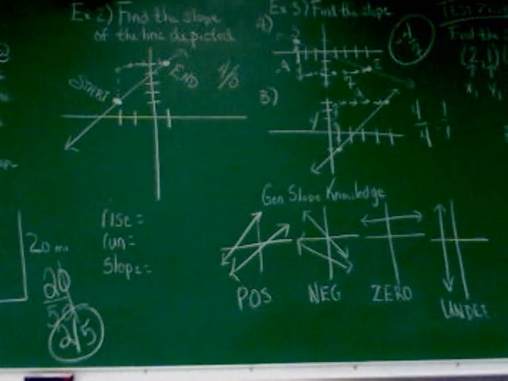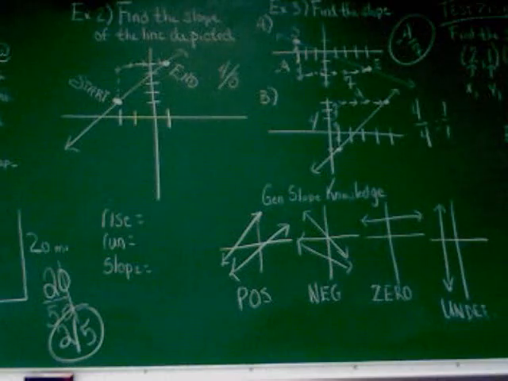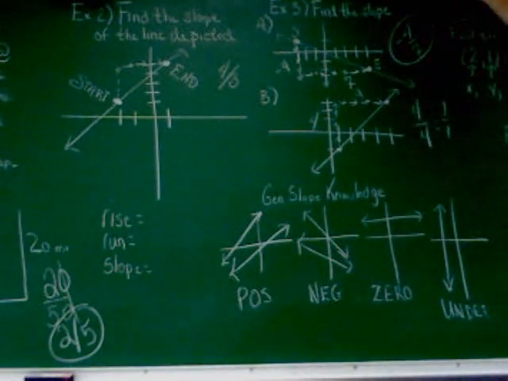All right. Now, underneath that, some general knowledge about slope, which you'll also need for tomorrow's quiz. You have to be able to just tell by looking at a graph what type of slope the graph has. Any line that tips up from left to right has a positive slope.